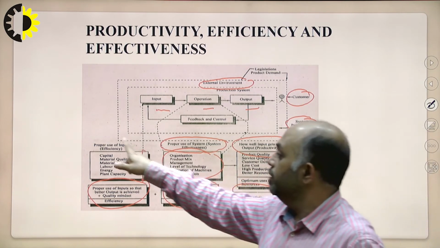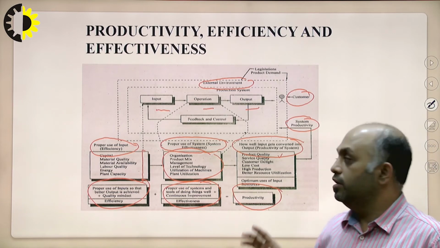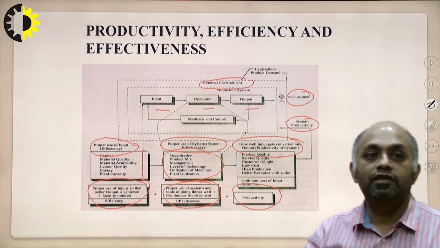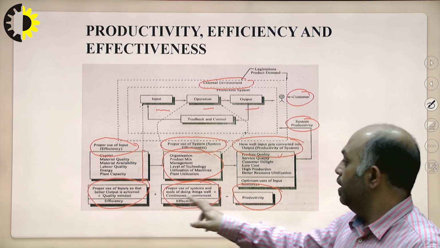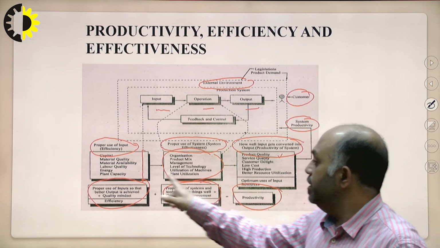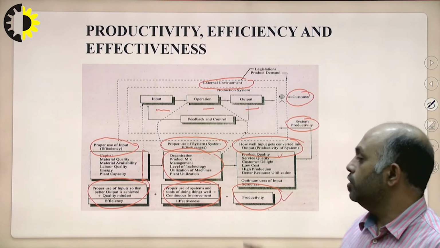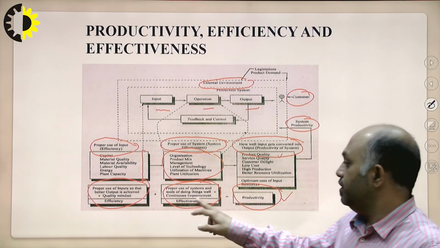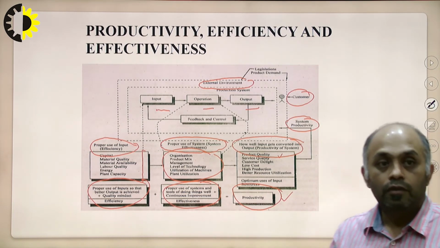Proper use of the input is efficiency. Now, with this, we have a clear picture that productivity is a combination of these two aspects. And when I talk about the productivity index, it is effectiveness by efficiency, right.